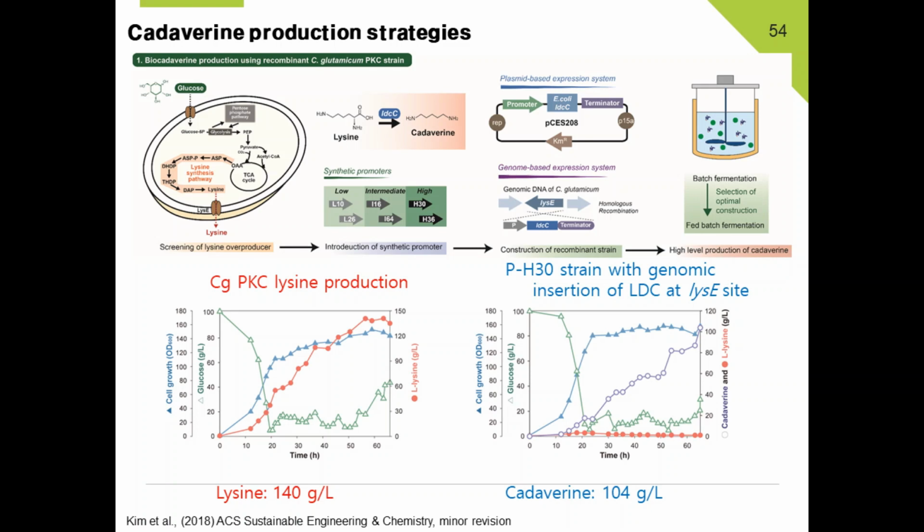Since PKC can produce 140 gram per liter of lysine, it was able to produce 104 gram per liter of cadaverine when we use the strain with genomic insertion of E. coli LDC at lyse site.